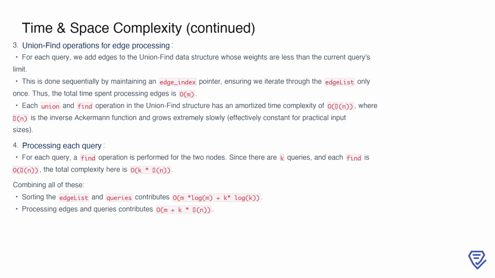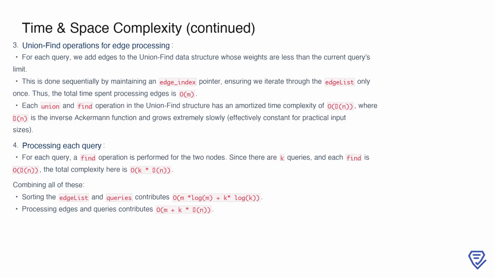Union find's union and find operations are very efficient, with an amortized time complexity of O(alpha(n)), where alpha(n) is the inverse Ackermann function, which grows extremely slowly and is almost constant for practical purposes. Additionally, for each of the k queries, we perform connectivity checks using the find operation. Since each find operation has a complexity of O(alpha(n)), processing all queries takes O(k * alpha(n)).